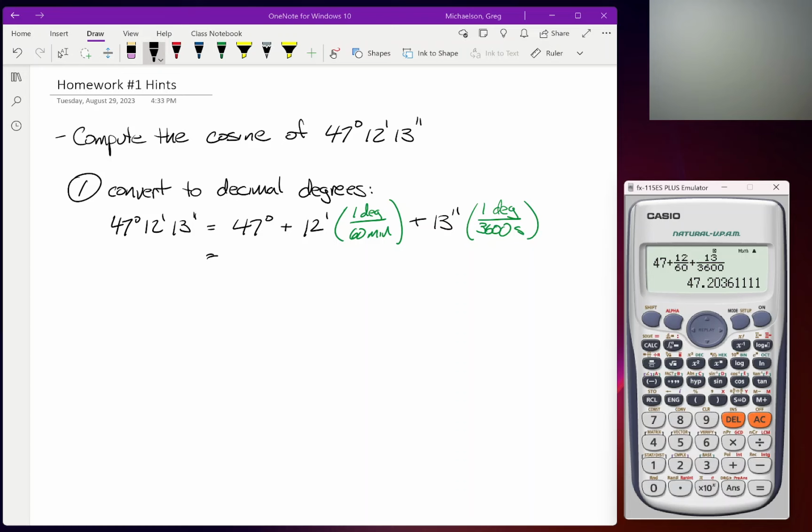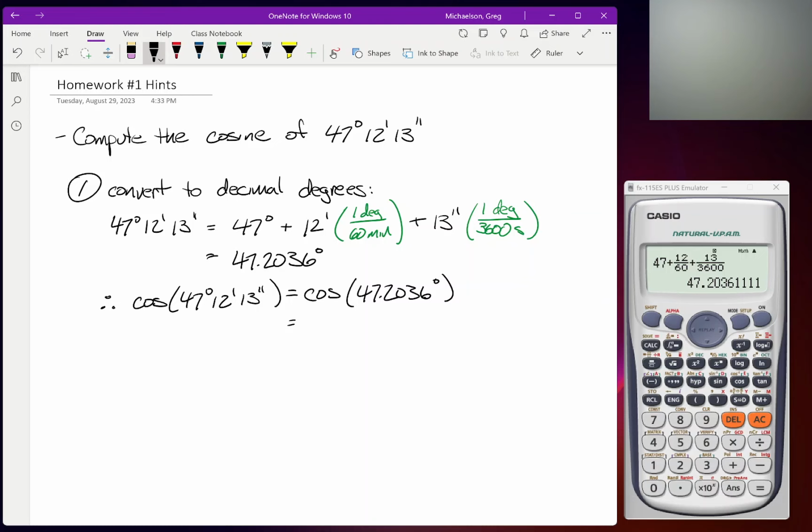So I press enter, and I get 47.2036 degrees. And then what I can do is say, therefore, the cosine of 47 degrees, 12 minutes, 13 seconds is the cosine of, we'll say, 47.2036 degrees, although that trails out a bit.